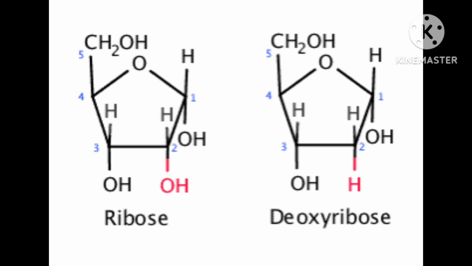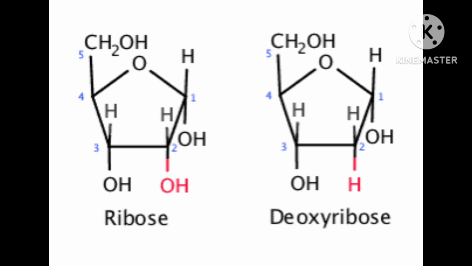That's why, since nucleic acids are long chain polymers of nucleotides, they are also called polynucleotides. Polynucleotides means nucleic acid also. Nucleotides are formed from three components: phosphate, pentose, and a base.